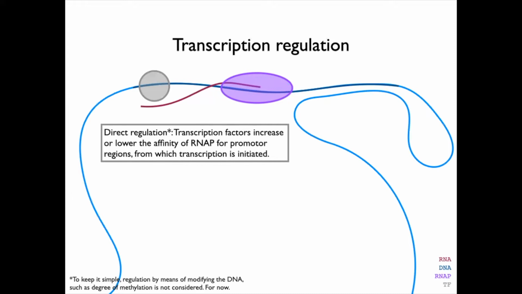Then we can also have indirect transcription regulation, because the conformation of the DNA, even mediated by proteins, can be such that, as you see here, the DNA has formed some sort of loop, and transcription is blocked because the RNA polymerase can no longer read the gene, as there is basically a roadblock there.